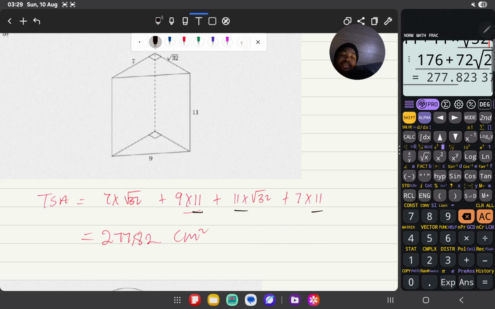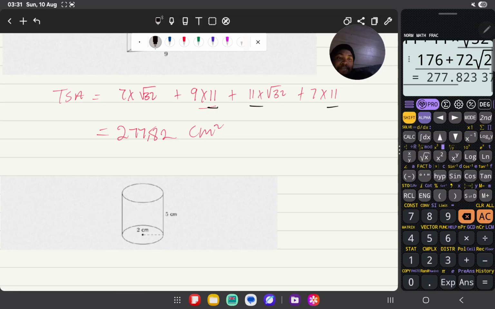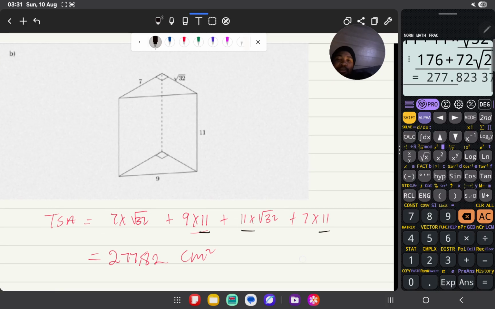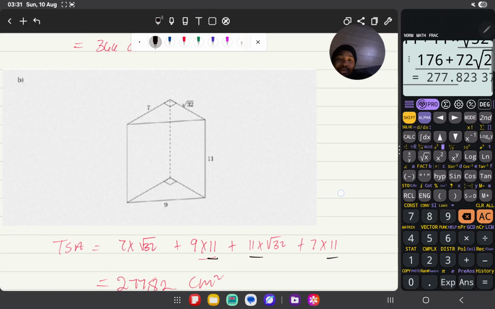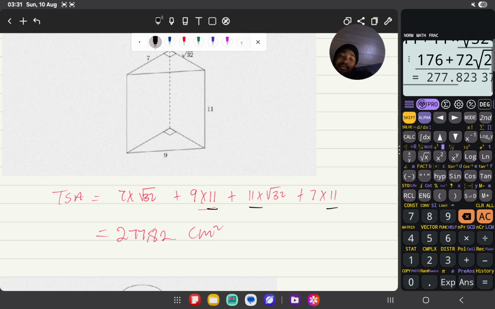Once you have the net, it becomes way easier to get your shapes in order and find your calculations. So for this one, it's better if you have the net and you calculate them shape by shape.